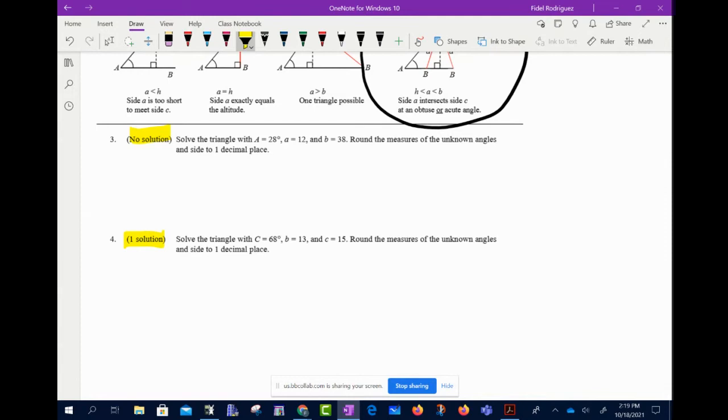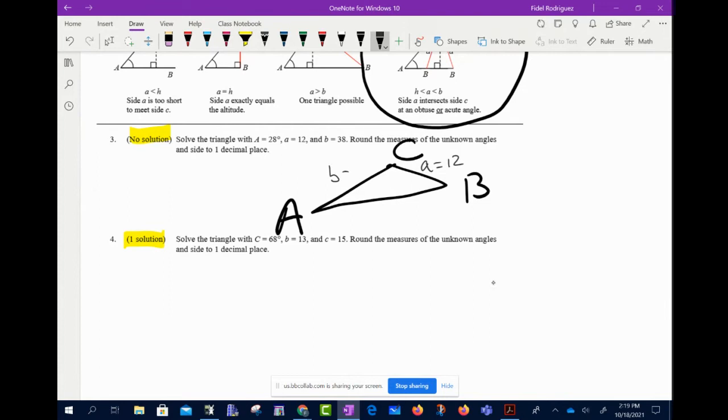It says solve the triangle with angle A is 28 degrees, side a is 12, and side b is 38. So again, first thing I'm going to do, y'all, is draw my triangle. Here's the triangle. I'm going to call this angle A, I'll call this angle B, and I'll call that angle C. I know that little a is 12, and we know that little b is 38.